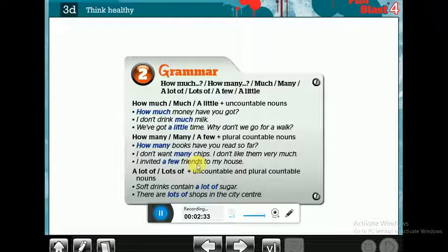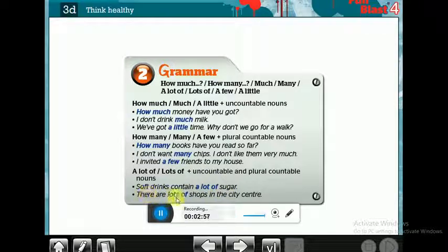What about a lot of and lots of? A lot of and lots of are followed by both uncountable nouns and countable nouns or plural nouns. For example, I can say soft drinks contain a lot of sugar.